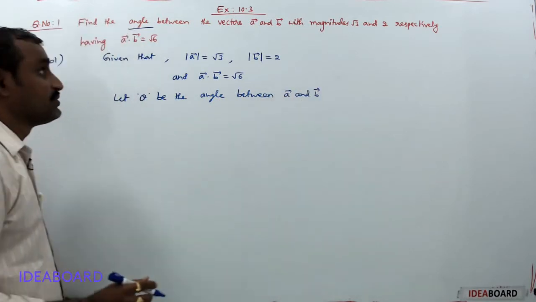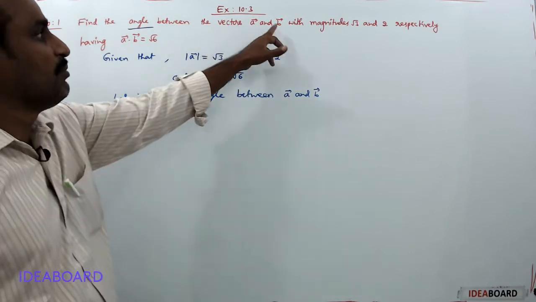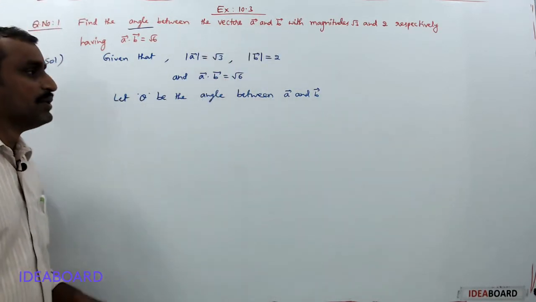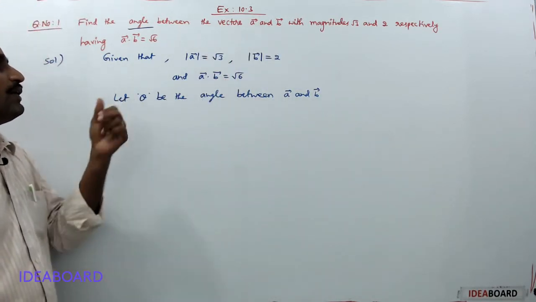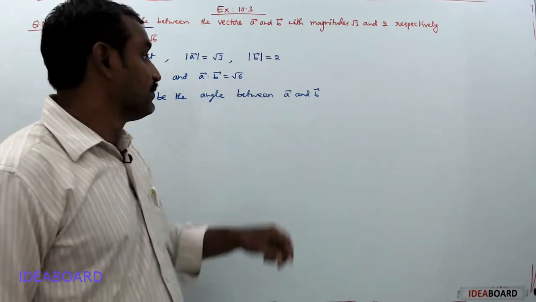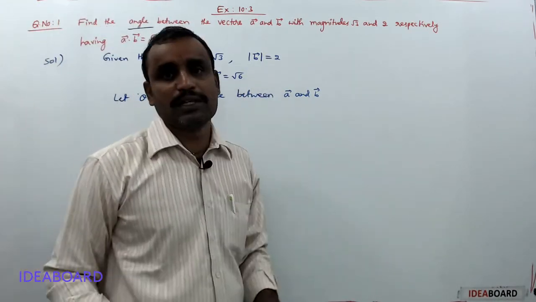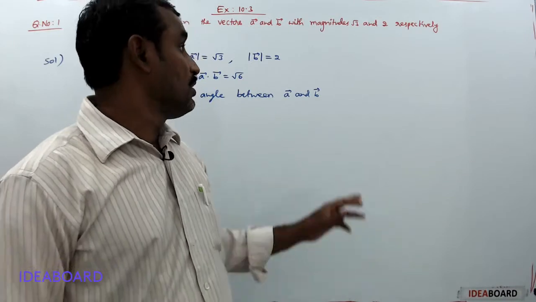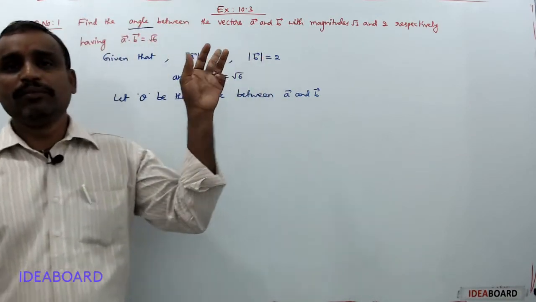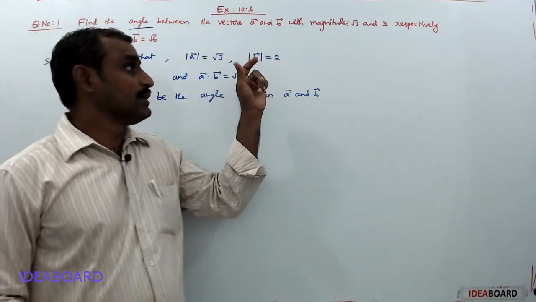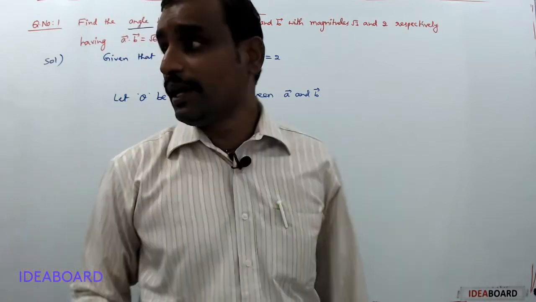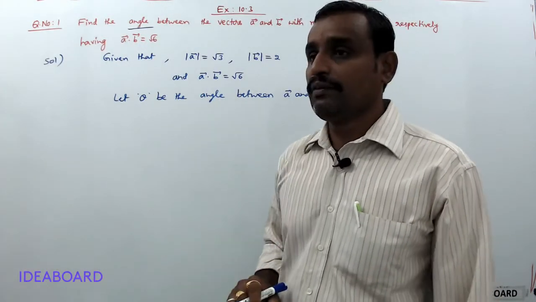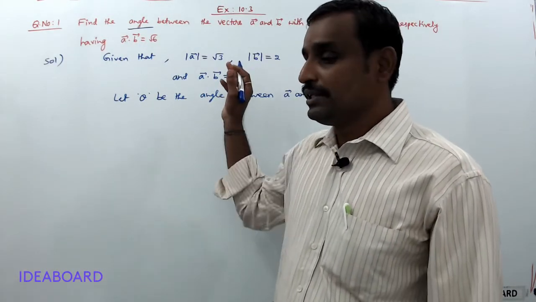We are assuming the angle between a bar and b bar is theta, and we want to find the theta value. We know the formula: cos theta is equal to a bar dot b bar by magnitude of a bar into magnitude of b bar. Take that formula, apply these values, and find the theta value. That is the required solution for this question.